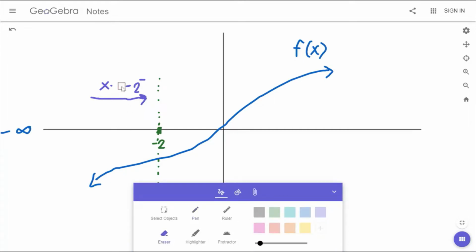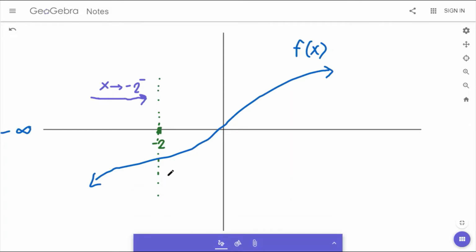So this symbol means approaching, no? So it approaches, x keeps on approaching negative 2 from its left. So ang ibig sabihin class ng left is these are the numbers less than negative 2. These are the numbers less than negative 2. Okay? So when you talk about numbers on the left, they're always less than the given number.